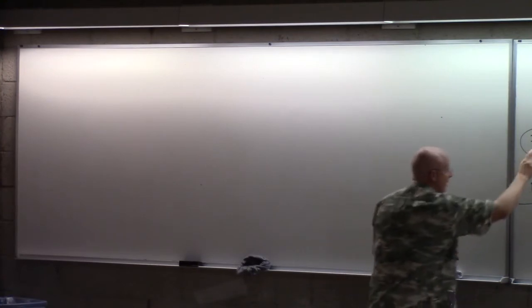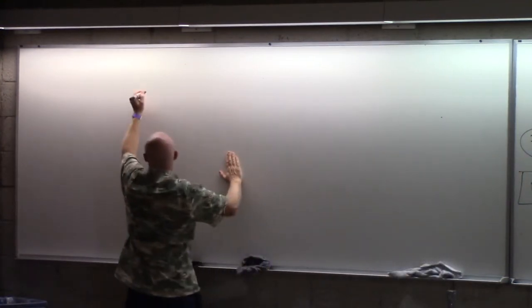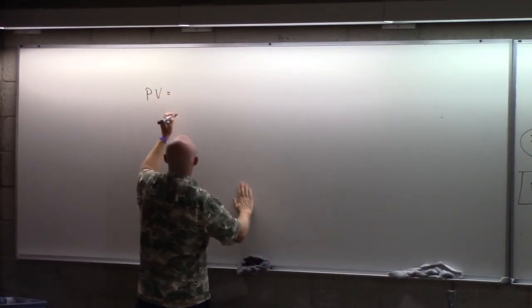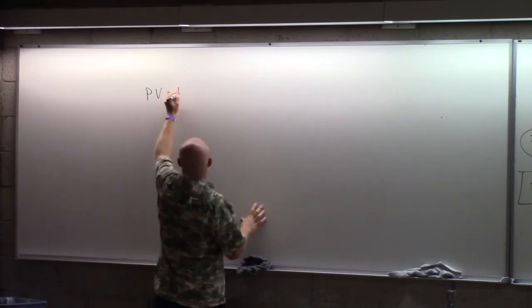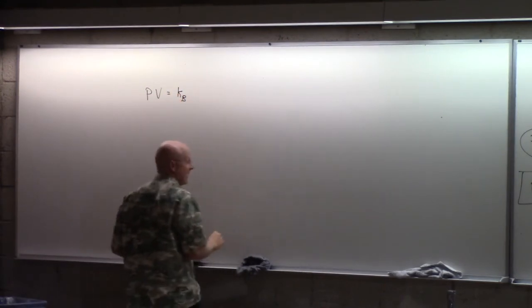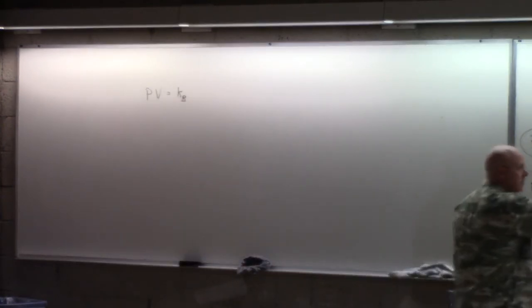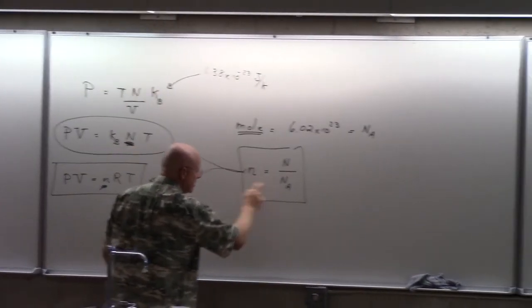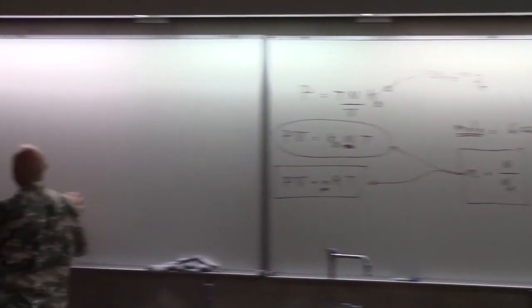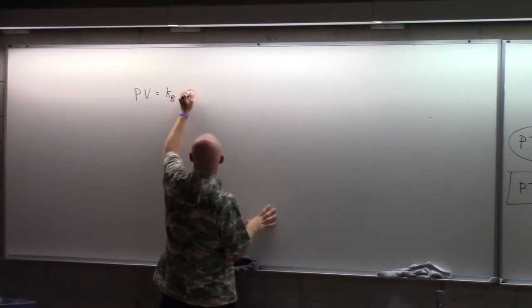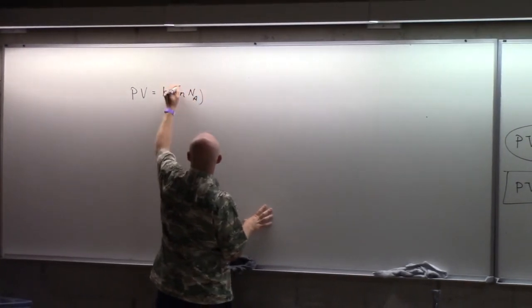that if I take this right here, PV equals Boltzmann's constant times the number of atoms. Like I said, in physics we like to look at the number of atoms. But if we'd like to replace that, you could say the number of atoms would be the same as the number of moles times Avogadro's number.